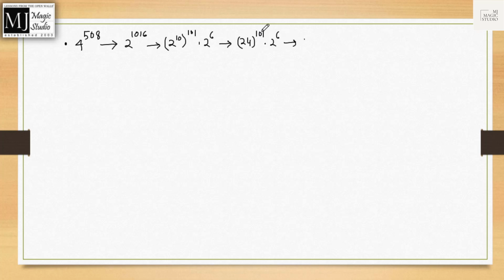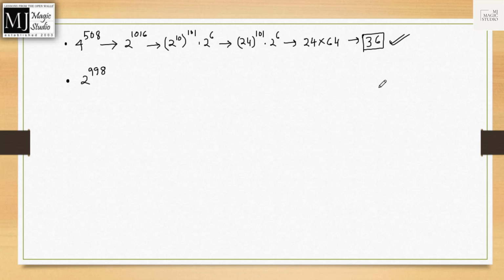Now 24 raised to the power odd will end with 24. And 2 to the power 6 is 64. So 24 into 64: 4 into 4 is 16, 1 and 8 and 1, 9, 9 and 4 is 13. Last two digits of this entire expression would be 36.